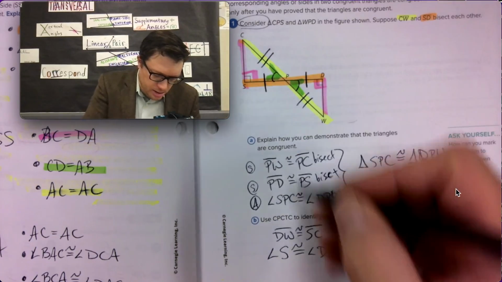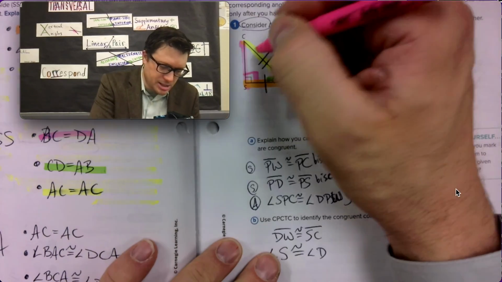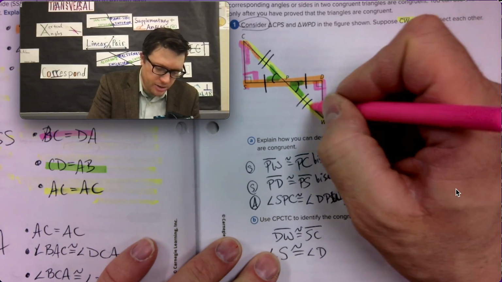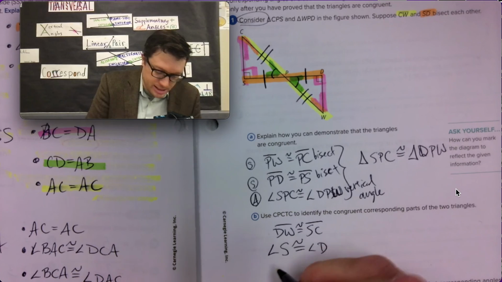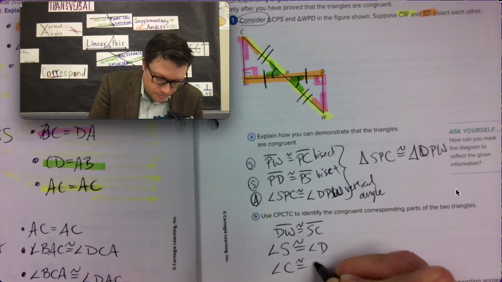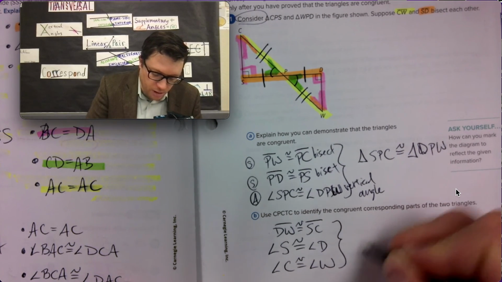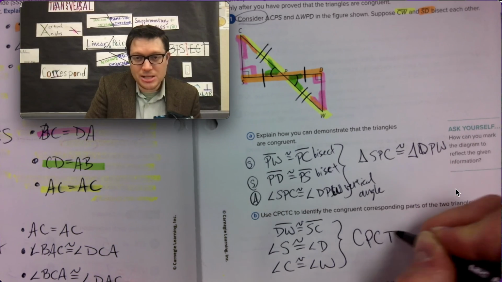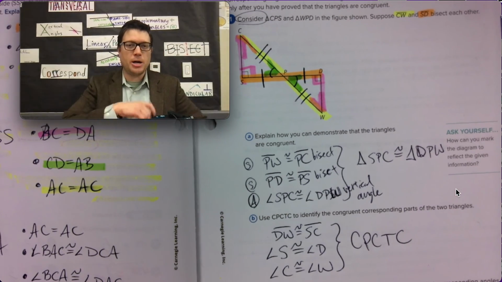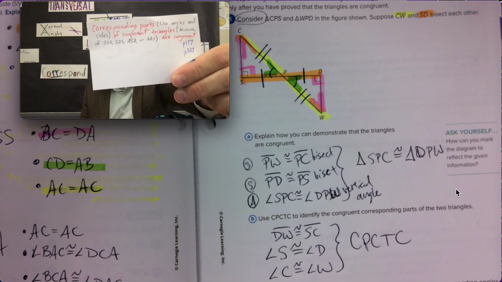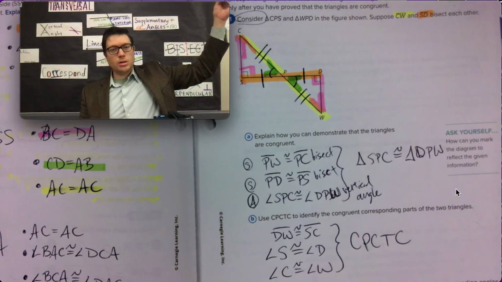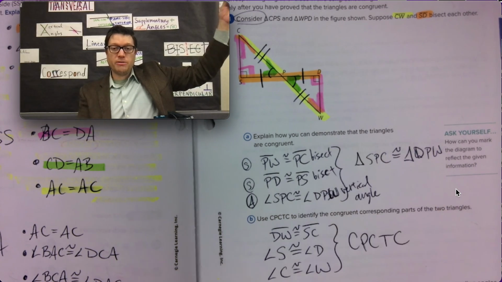Next, angle C. So this is the other angle I haven't talked about. So angle C is congruent to angle W. And the reason for all of that, CPCTC: corresponding parts of congruent triangles are congruent. And of course, everything else that we mentioned up above.